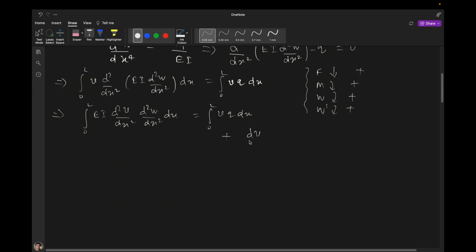So I will write these separately: this is a natural boundary condition, and this is an essential boundary condition.